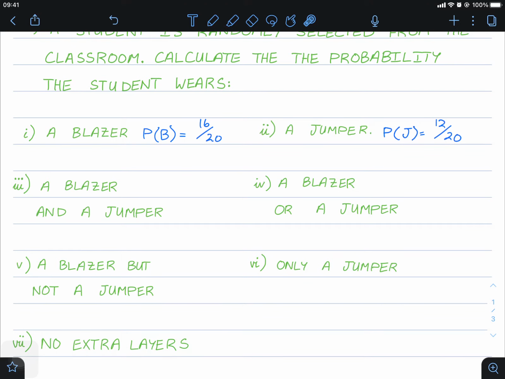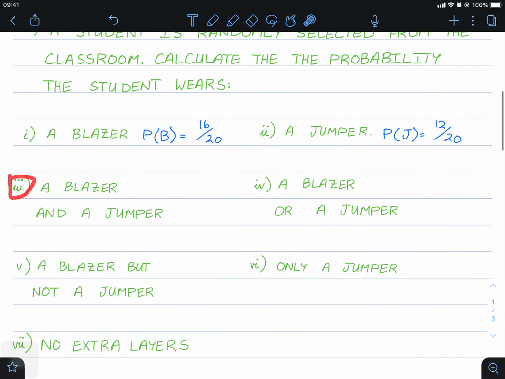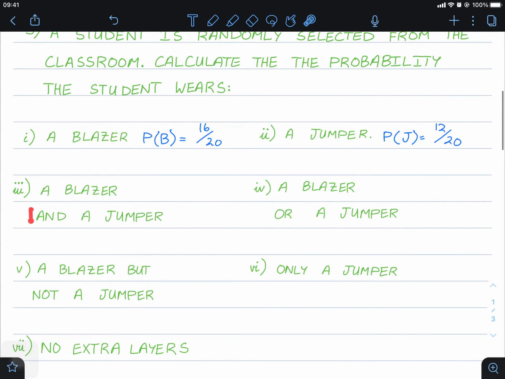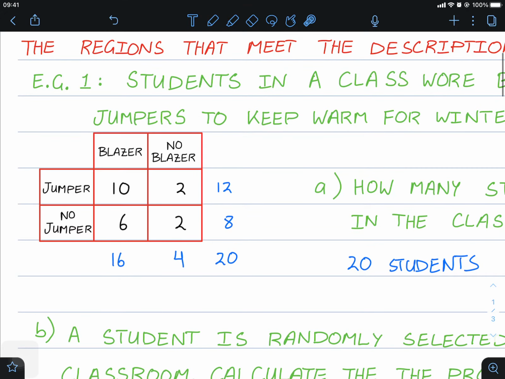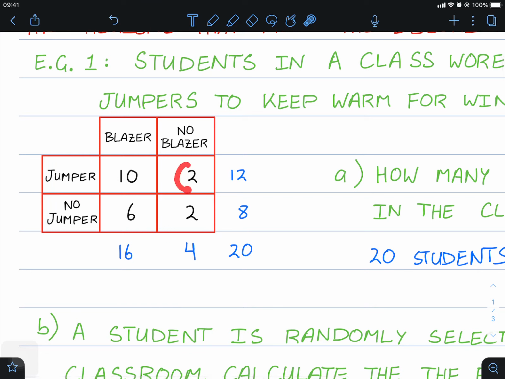Now read very carefully part 3 and part 4. It says a blazer and a jumper compared to a blazer or a jumper. Notice how the wording here is very specific. So let's take a look at first at blazer and a jumper. So if we were to pick this box here, this person wears a jumper but no blazer, so we're not looking for this.